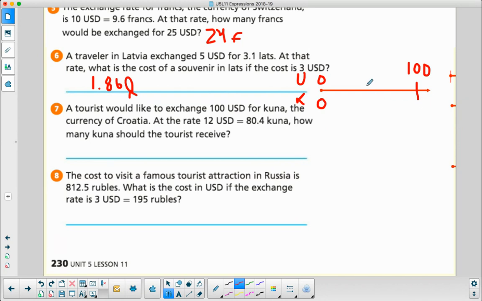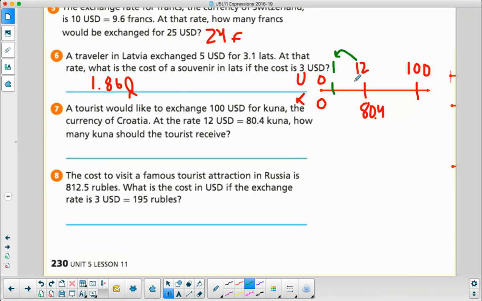But what I do know is 12 US dollars give me 80 and 4/10 kuna. All right, so I have more kuna than I had dollars. So that tells me I'm going to have more kuna than dollars, and that each single dollar should give me more than 1 kuna.